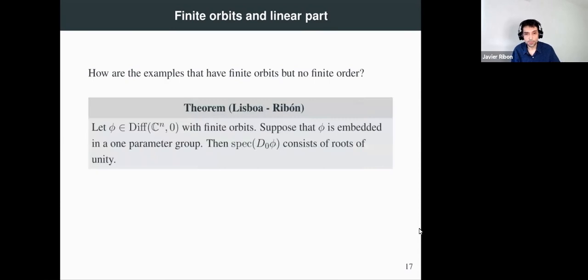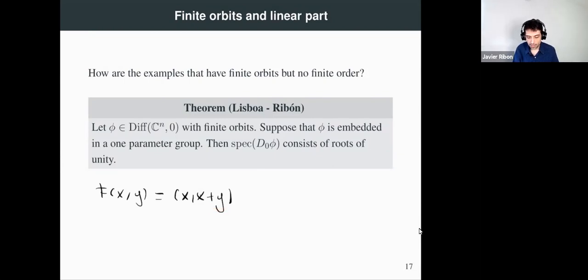Okay, so we have this result. At the beginning, we didn't know very well what kind of examples we can find. You have the example that I wrote of, as I said, a local biholomorphism with finite orbits, but that does not have finite order. But if you see this example, for instance, both eigenvalues are equal to 1.